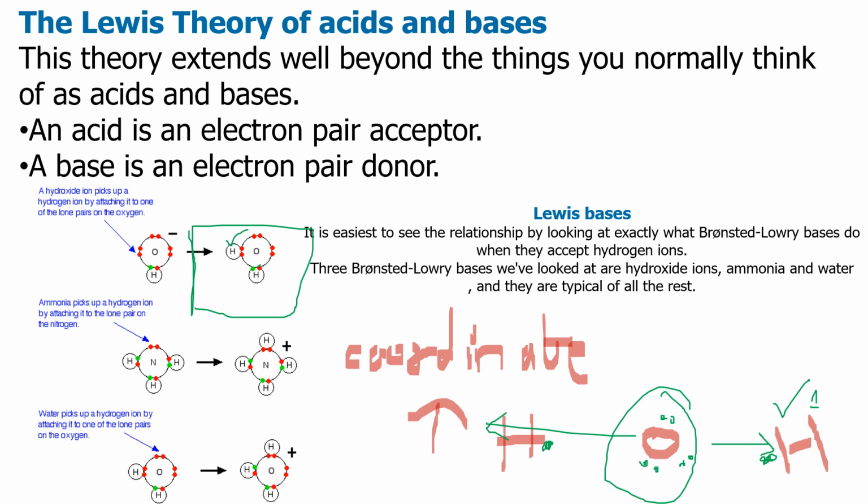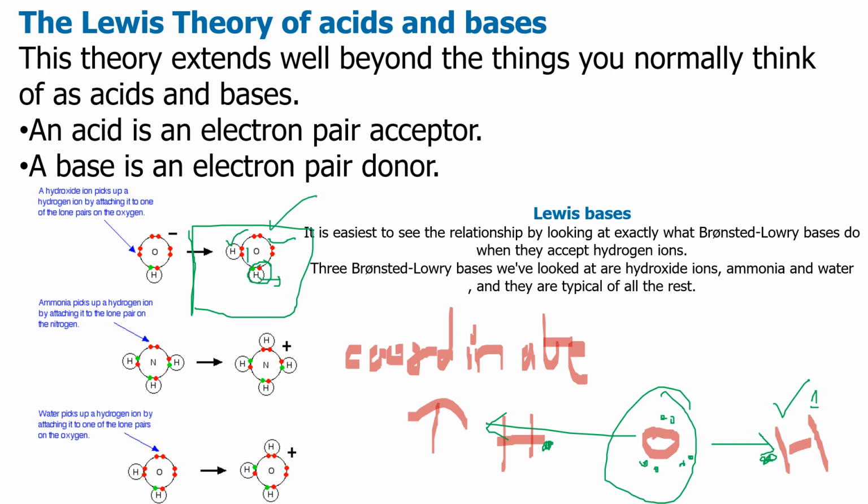It will fill the outermost shell with 2 electrons, and this oxygen will share the electron. Here you can see it is sharing the full electron. This is how this works.